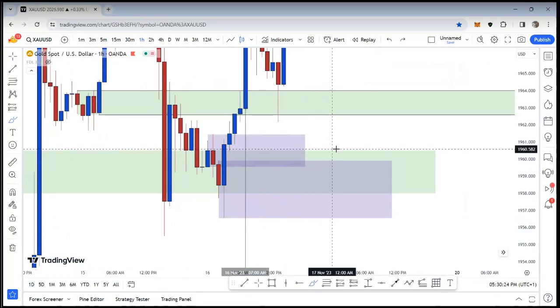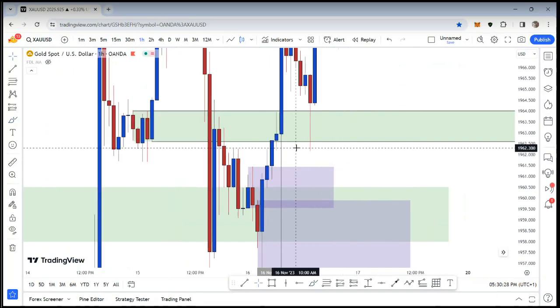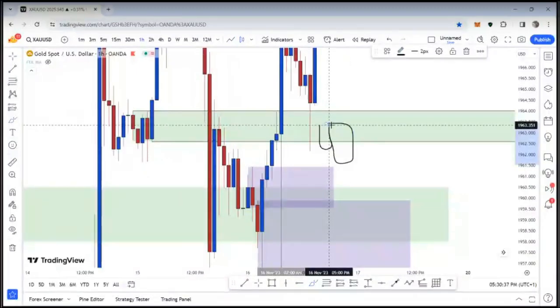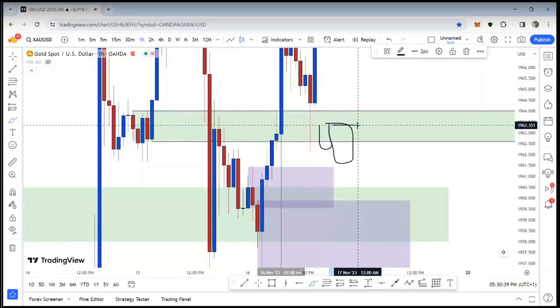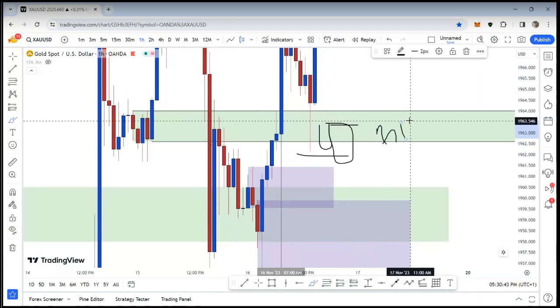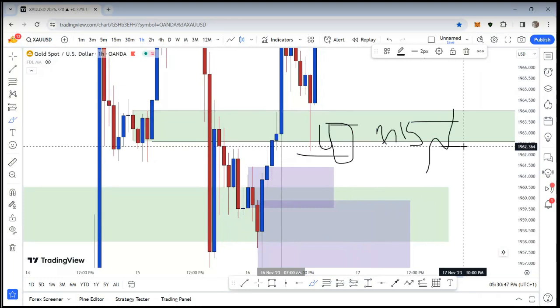Now, since price actually closed as a bullish candle, you can wait for an engulfing sell on H1 to form. Or you can go down to your M15 and wait for a change of storyline to happen.